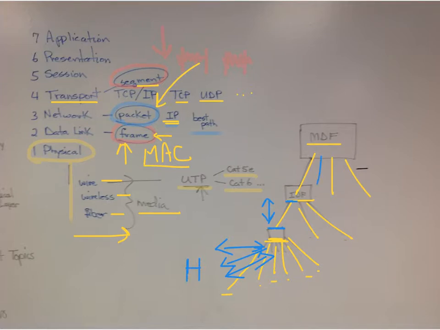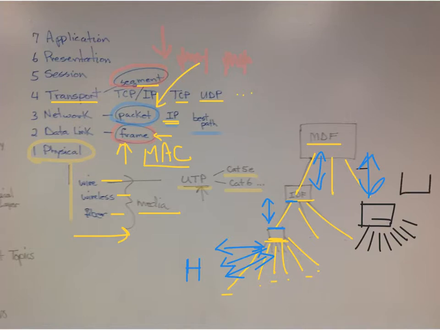So we got vertical here, and then when you have, let's say, another intermediate distribution facility, there can be a switch in there that then distributes horizontally out to all your devices. And it wouldn't have to be a switch. It could be an access point.